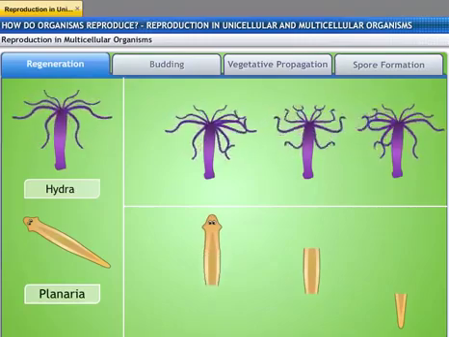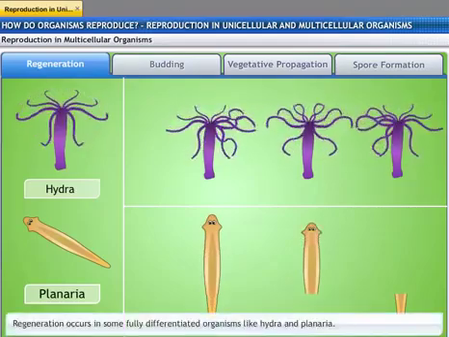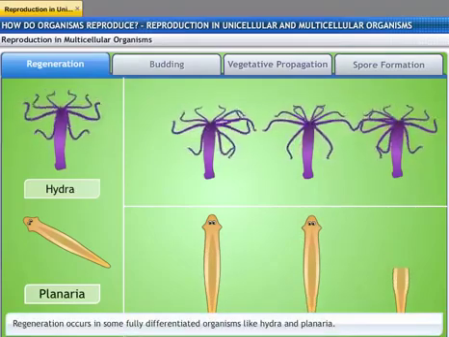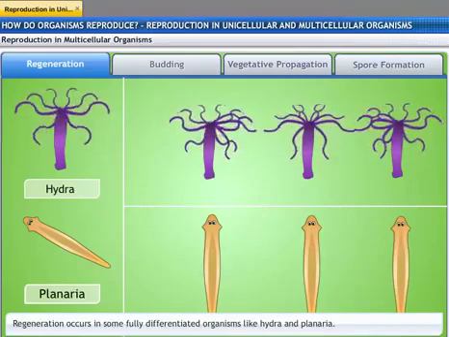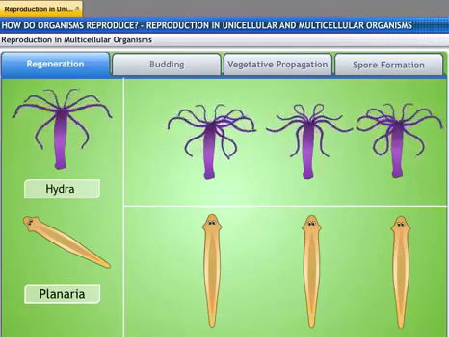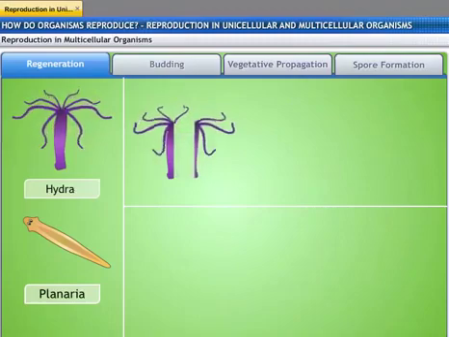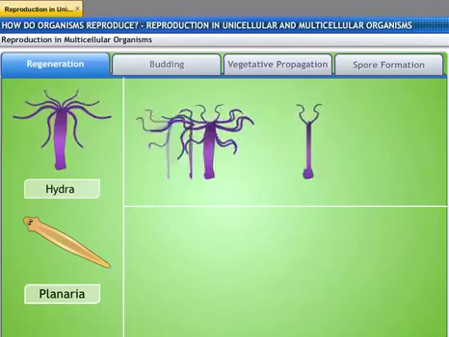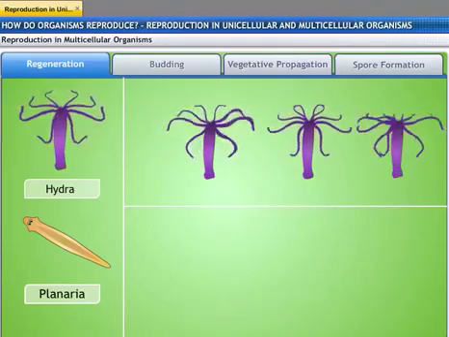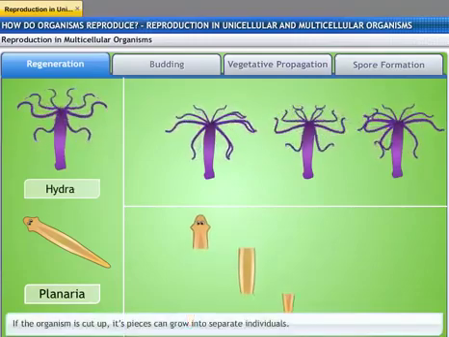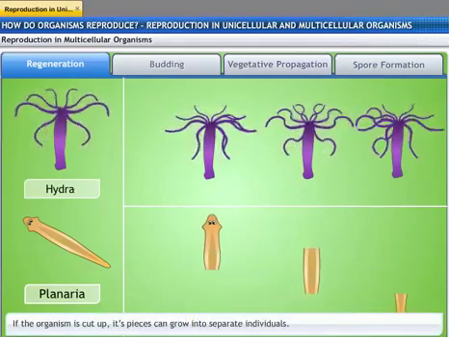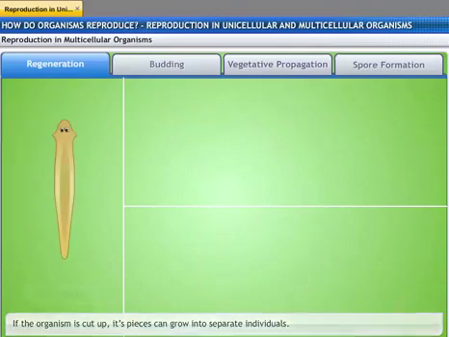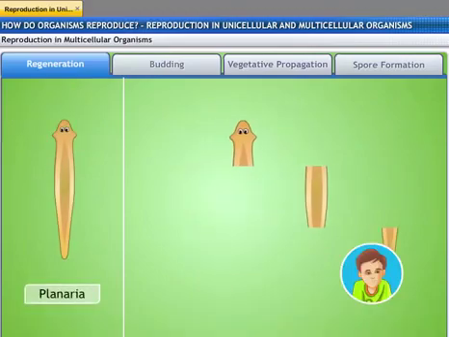For example, consider fully differentiated organisms such as Hydra or Planaria. These can be cut or broken down into many pieces. Each of these cut pieces can grow into separate individuals. How does that happen?